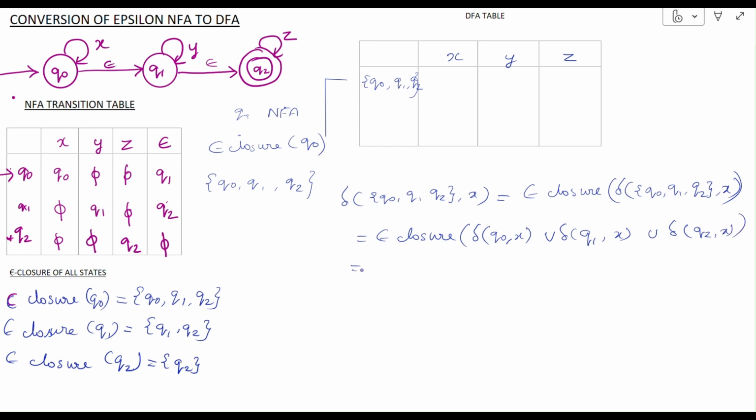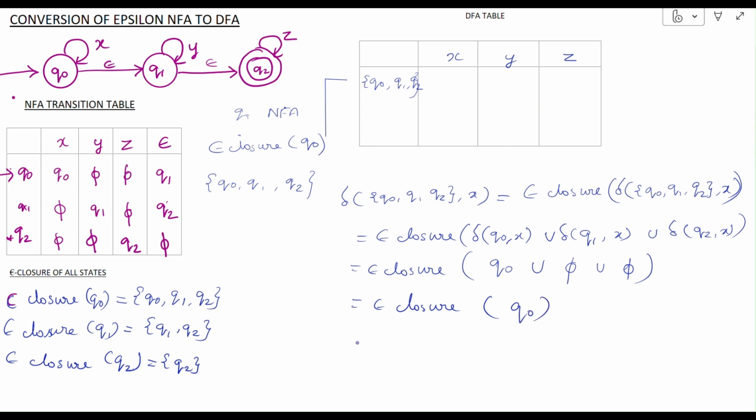Now the epsilon closure of the transition of Q0 comma X. Q0 comma X is Q0, union Q1 comma X is null, union Q2 comma X is null.